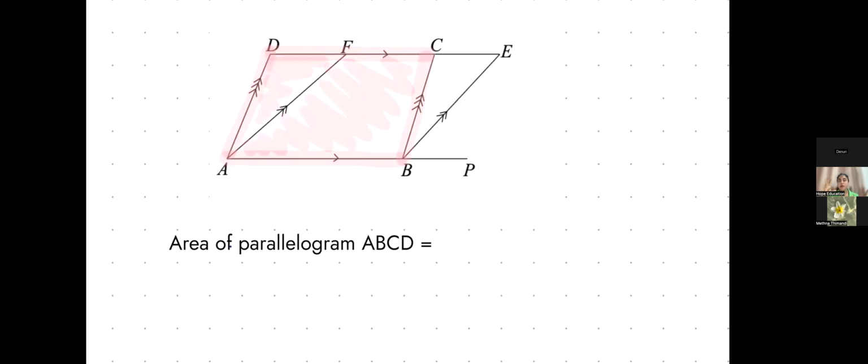I mean, this parallelogram is made up of ABCF trapezium and AFD triangle, right? So I write area of parallelogram ABCD is area of trapezium ABCF plus area of triangle AFD.